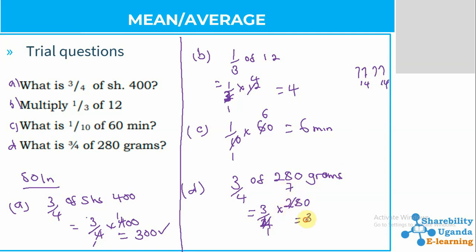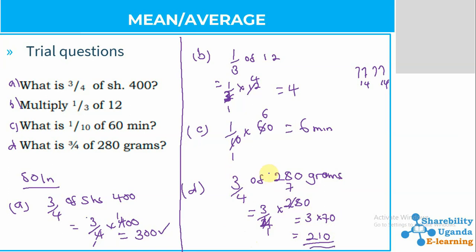This simply means we have 3 times 70. Then this is going to be equal to 3 times 7, which is 21, plus the 0, 210. So with multiplication, it is quite not so hard.